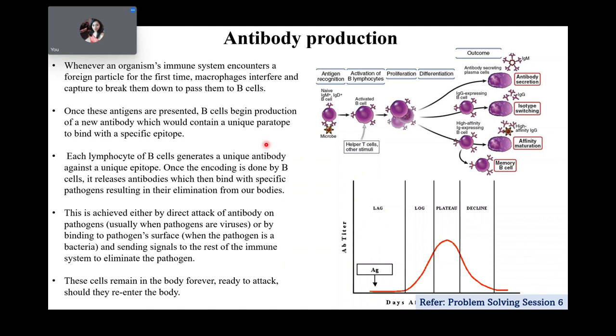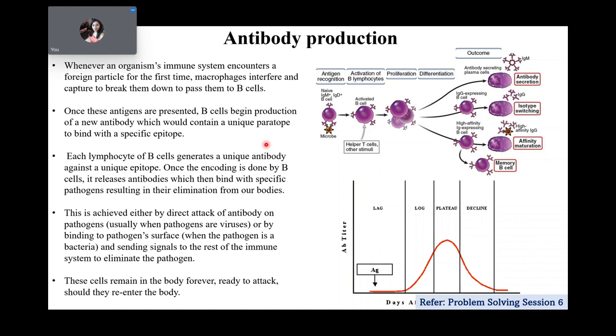Once the B cells have activated and are proliferating, they differentiate into different kinds of cells. You have first the antibody secretion. Then you have isotype switching. Isotypes means that in some antibodies, you have a conserved region that can switch among themselves so that they can generate diversity in the antibody. They have affinity maturation.